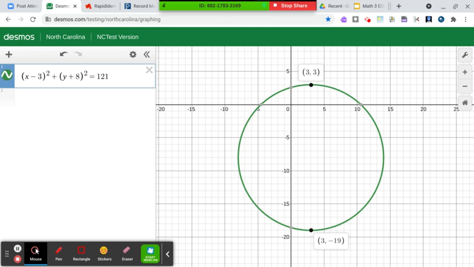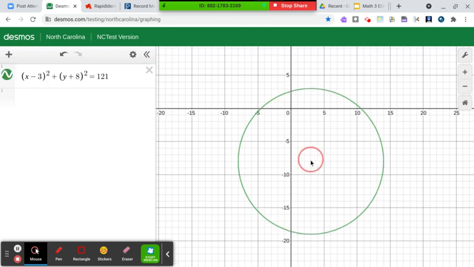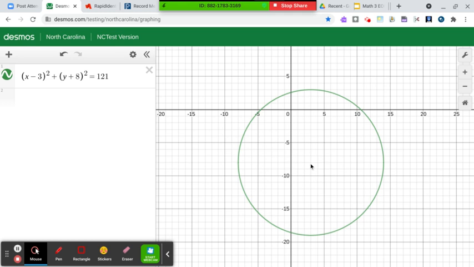So obviously your center is 3, -8, and then we go here. It's not going to give us a point, but you can pretty much use counting techniques. I think it's harder to graph in Desmos because you have to count the spaces, but it's just a way that you can see if you're correct. Okay?